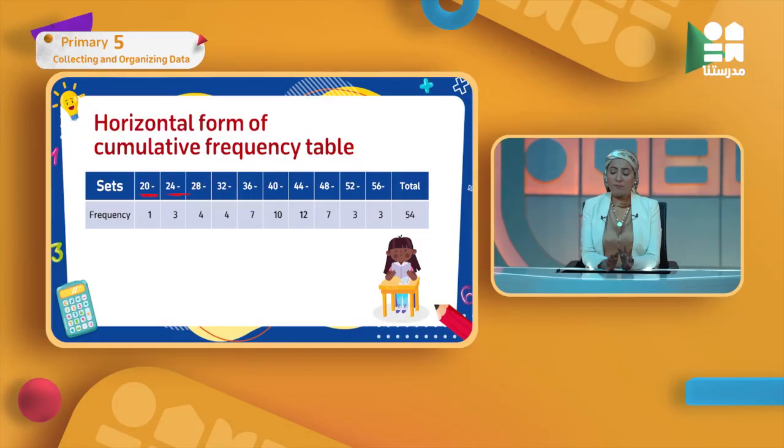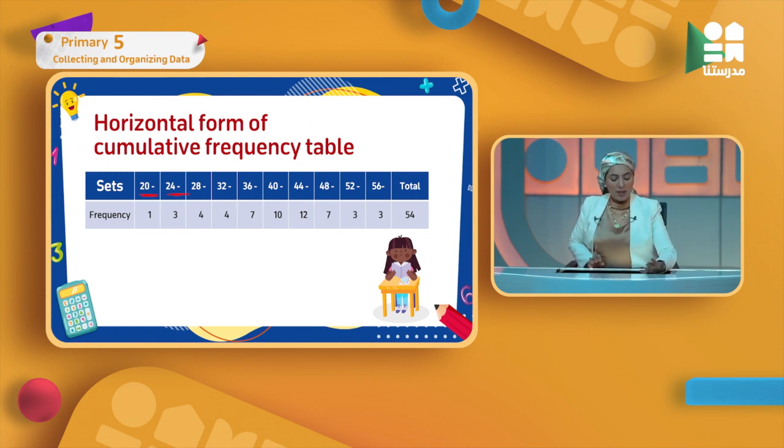Okay? Now let's answer the questions related to this table. Which degrees or which intervals were repeated the same, or had the same number of frequencies, or the same number of times?